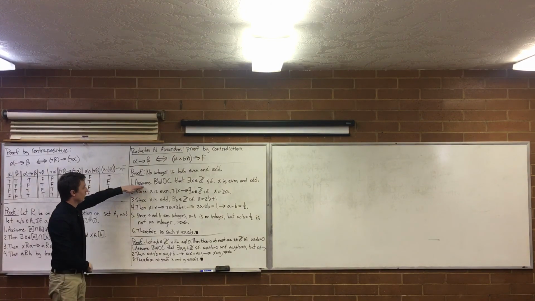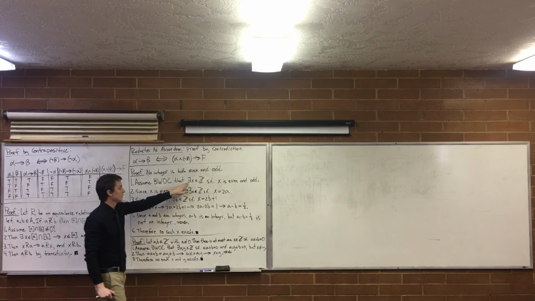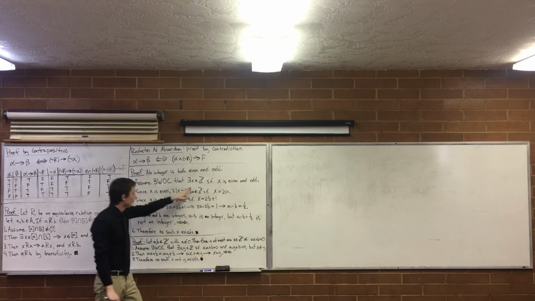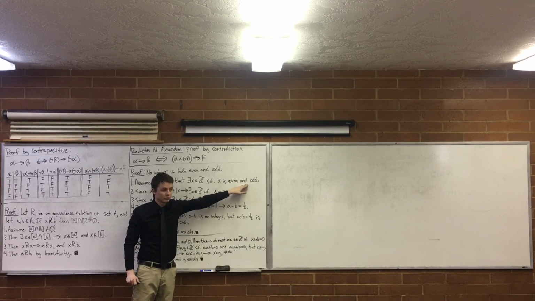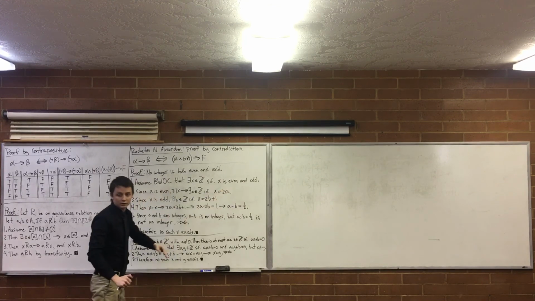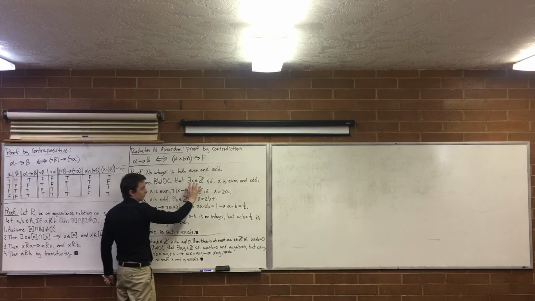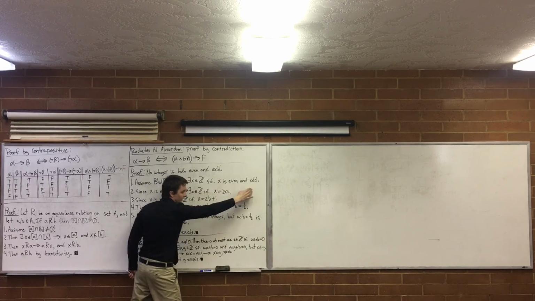So here's how you read this. Assume by way of contradiction that there is some integer x such that x is both even and odd. We're going to lead to something that's impossible, or what we call a contradiction. So assume by way of contradiction that there exists some integer x such that x is even and x is odd.